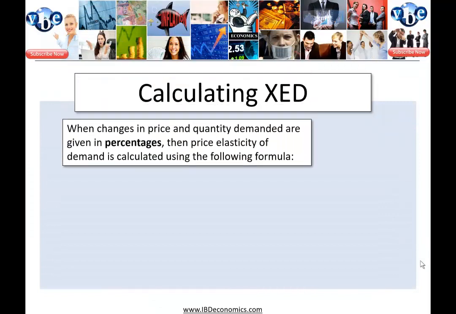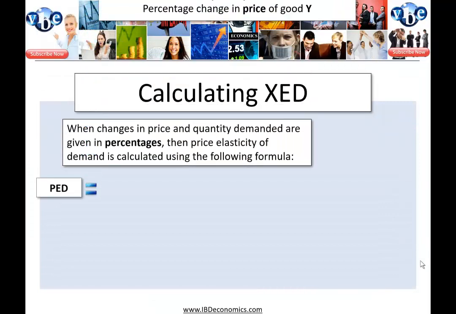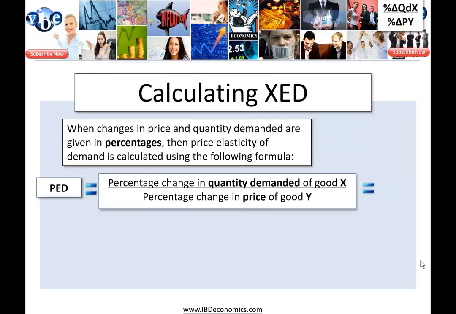Okay, here we are looking at our calculations. Just like with price elasticity of demand, we've got a formula. You won't be given the formula in the exam, but it's pretty easy. Again, it's quantity demanded that's going on top and the price change on the bottom.